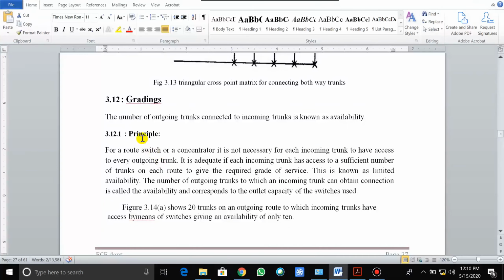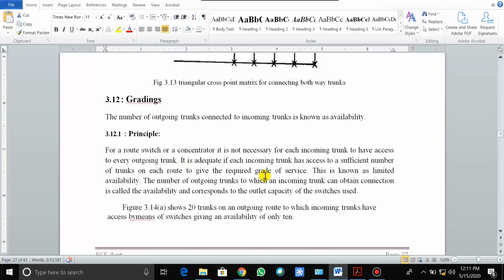The principle of grading is that for a route switch or a concentrator, it is not necessary for each incoming trunk to have access to every outgoing trunk. That means it is not necessary for a switch to keep track of every incoming and outgoing trunk.